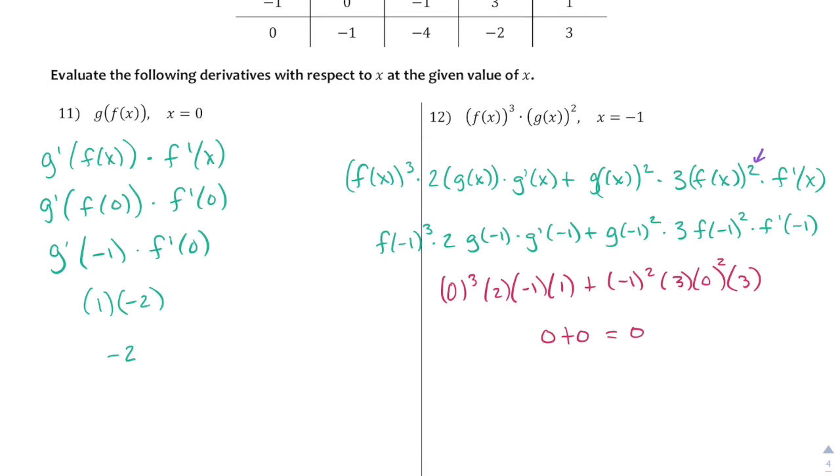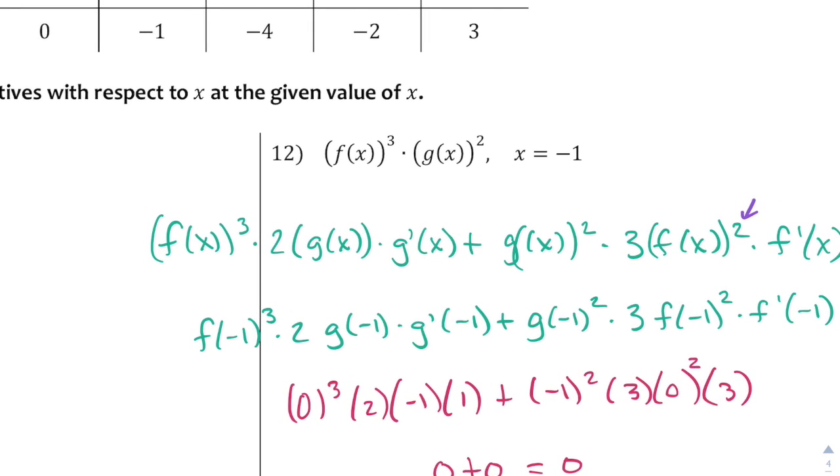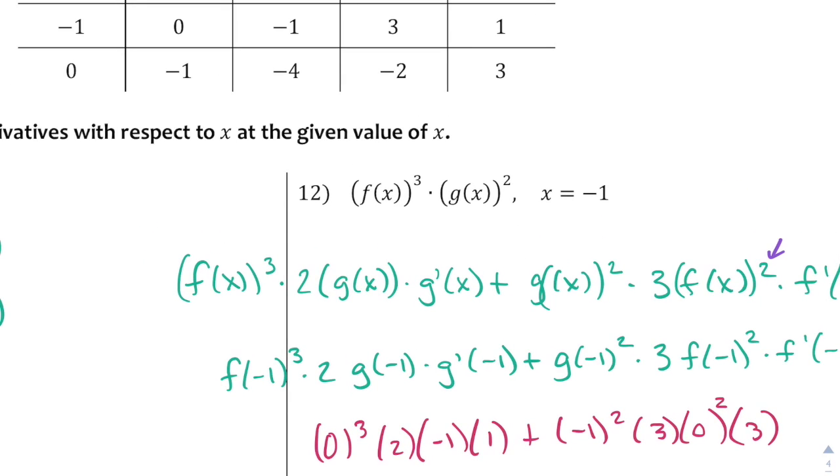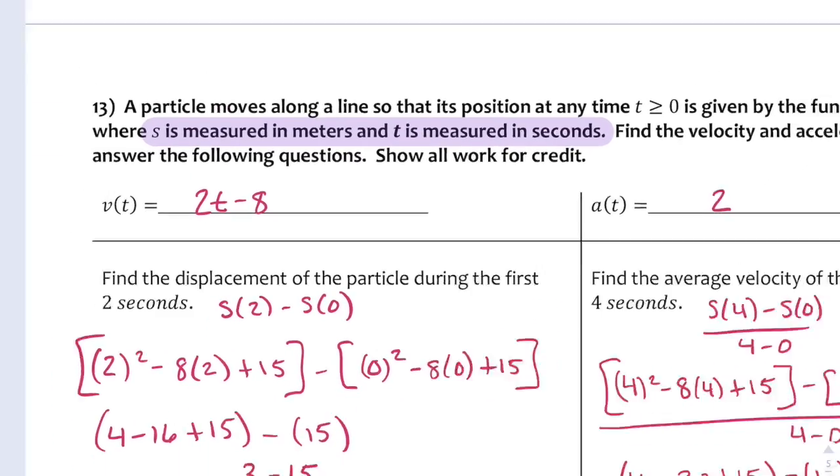I'm just looking over my work. Yep. Because we're using the chain rule, f of negative 1 shows up in both the first and second set of expressions. Okay, let's keep going. We're almost done.